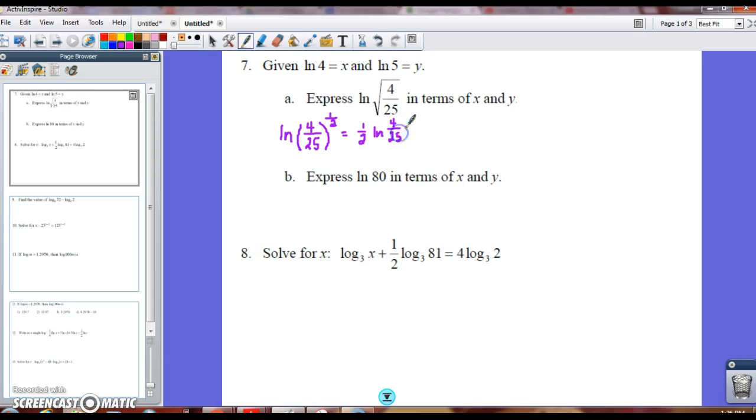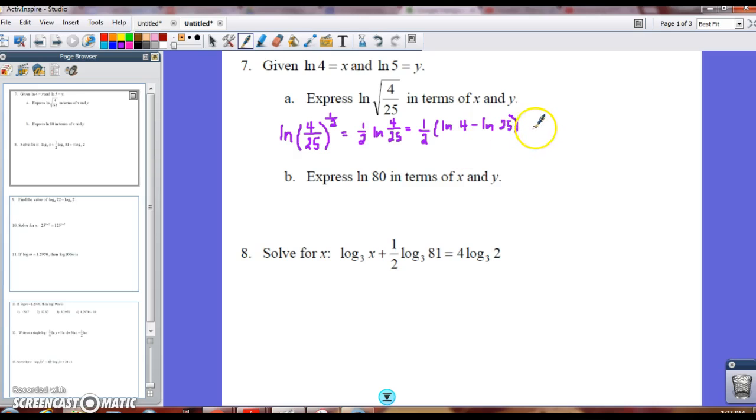And here's where you have to be careful. It's 1/2 times ln of 4 over 25. So when you expand the 4 over 25, you have to put that in parentheses because that 1/2 applies to that whole thing. So it's 1/2, parentheses, and then ln of 4 minus ln of 25.